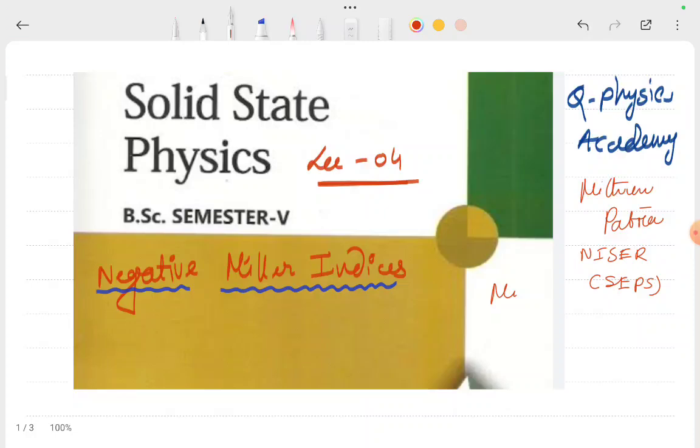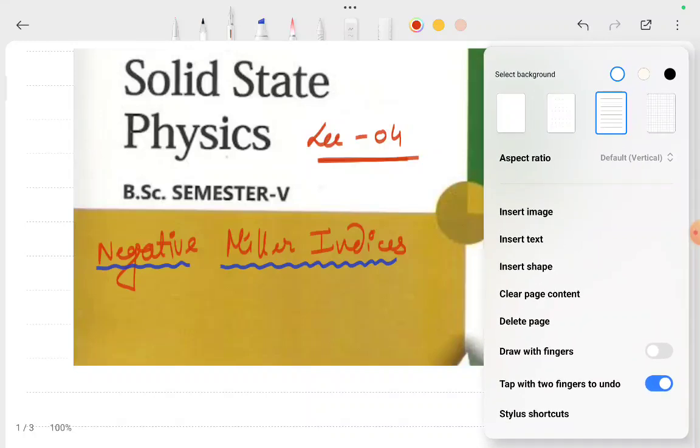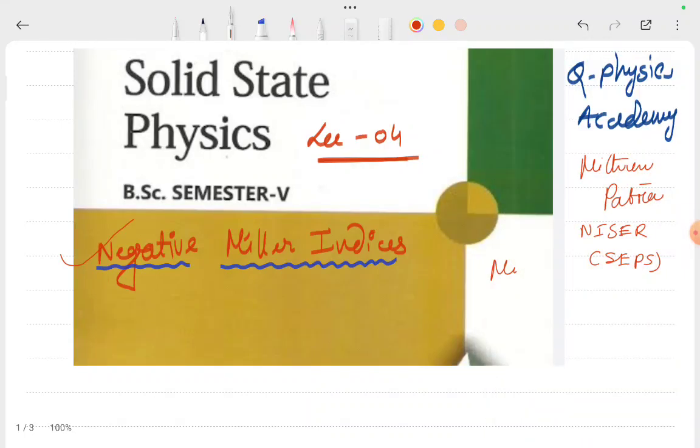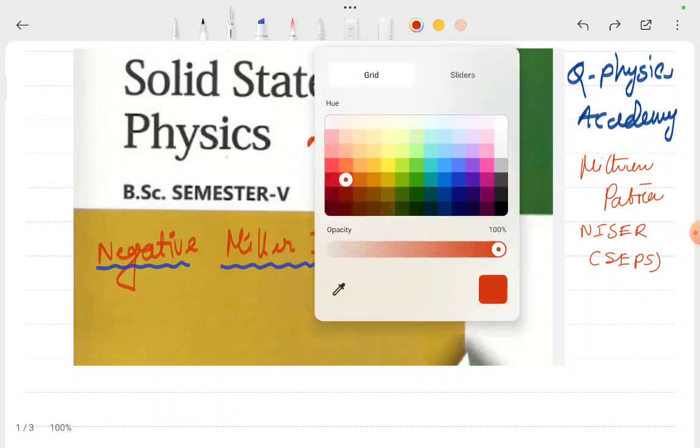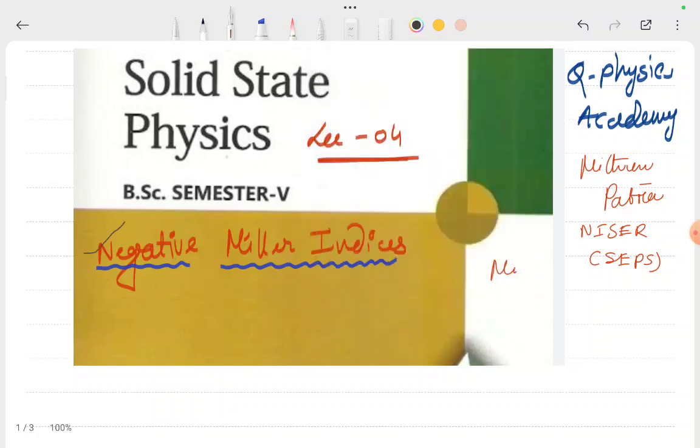What is the meaning of negative Miller indices, and how can we plot negative Miller indices? We will discuss these here.